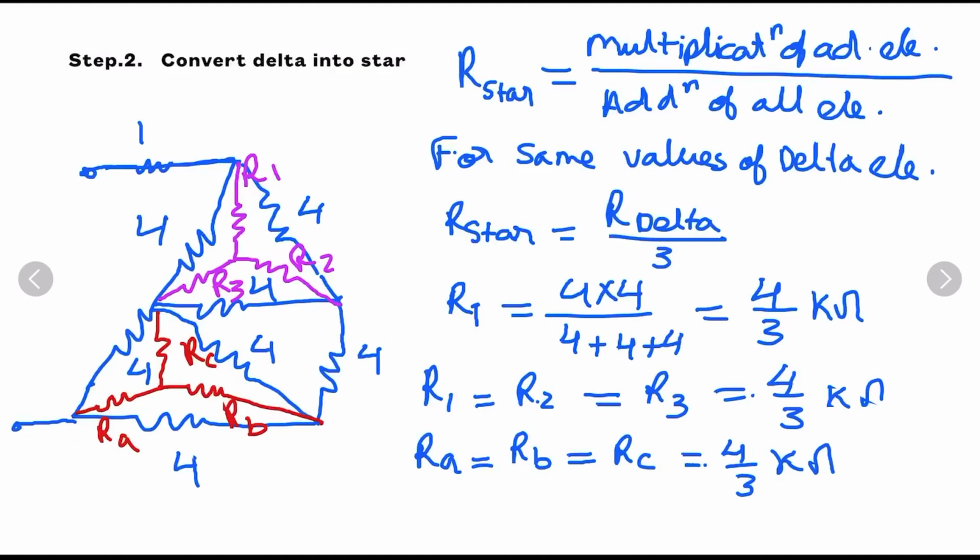Now after doing this, we need to redraw the circuit. So we will replace both deltas by star.